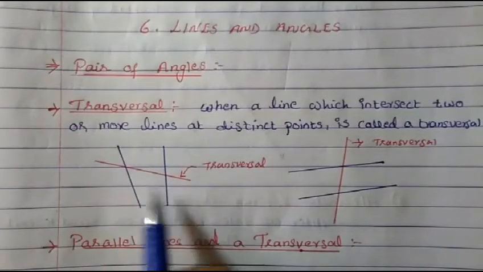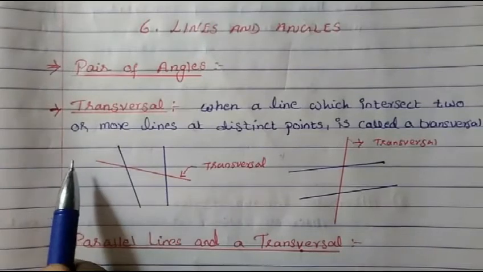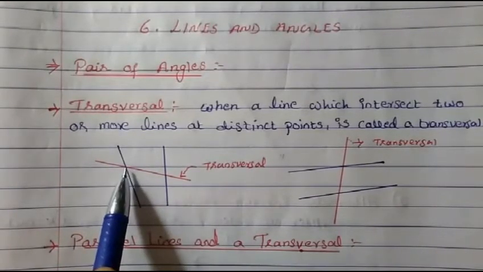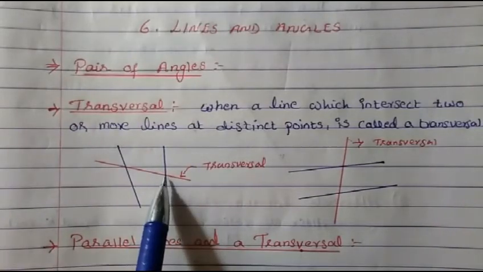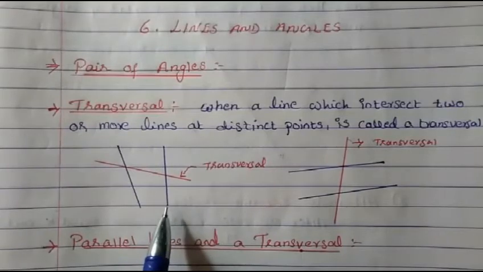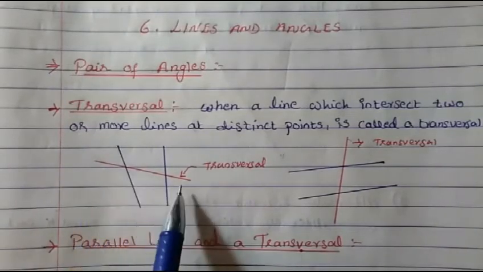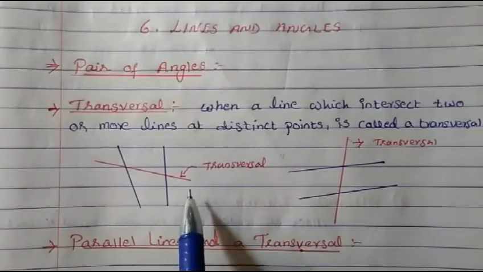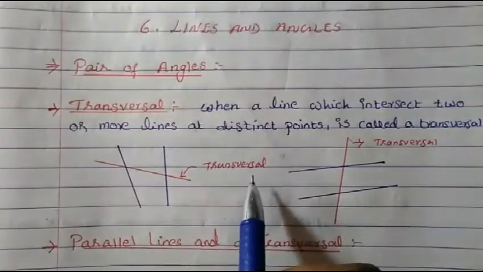It is the same line that is crossing all these blue lines. So this red line is called a transversal, a line which will intersect two lines or more than two lines.